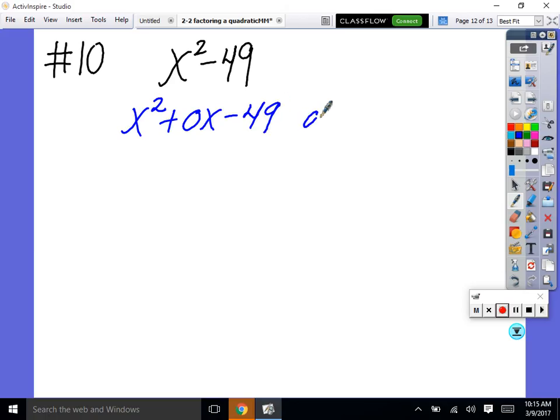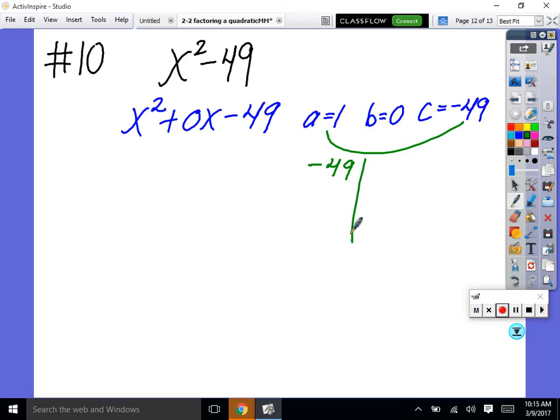So our a value is 1, my b value is 0, my c value is negative 49. Everybody good? What multiplies to be a times c, negative 49, and adds up to be b? b is 0. Does everybody see how it's no different though?